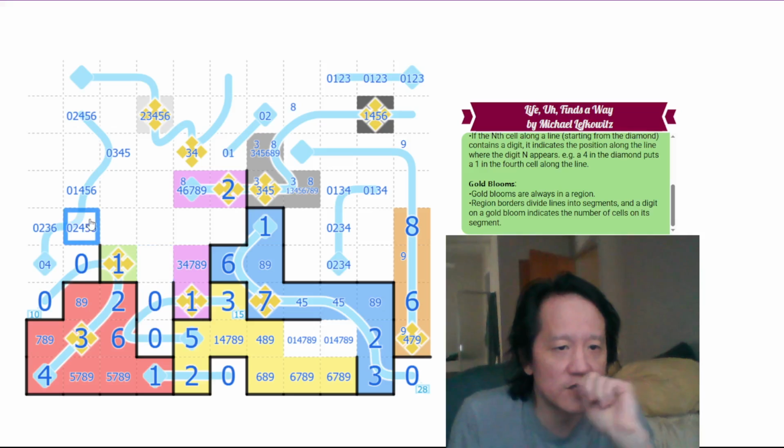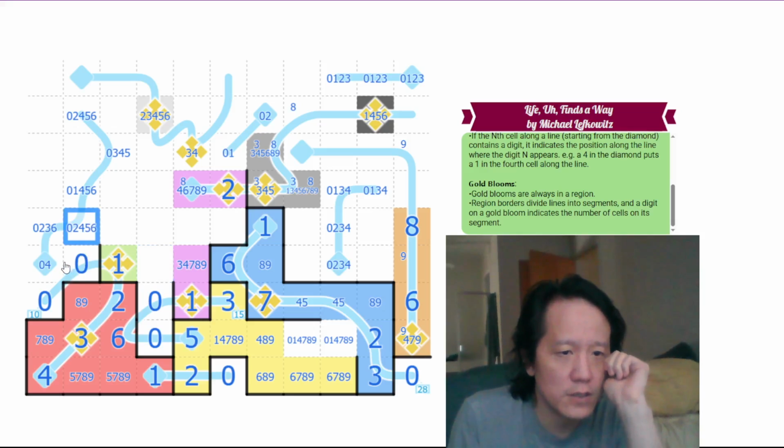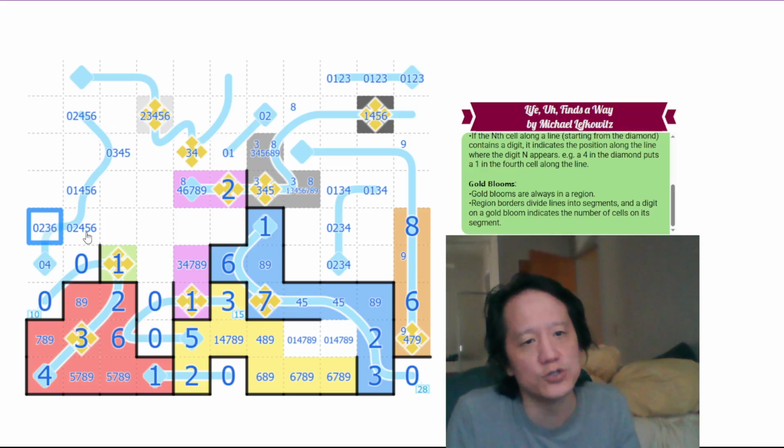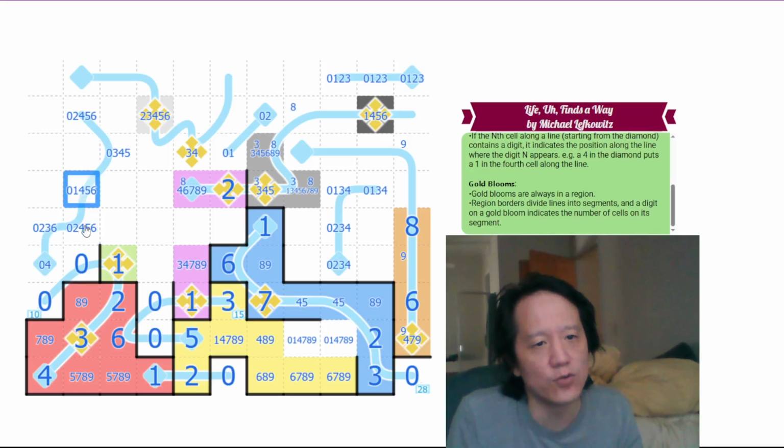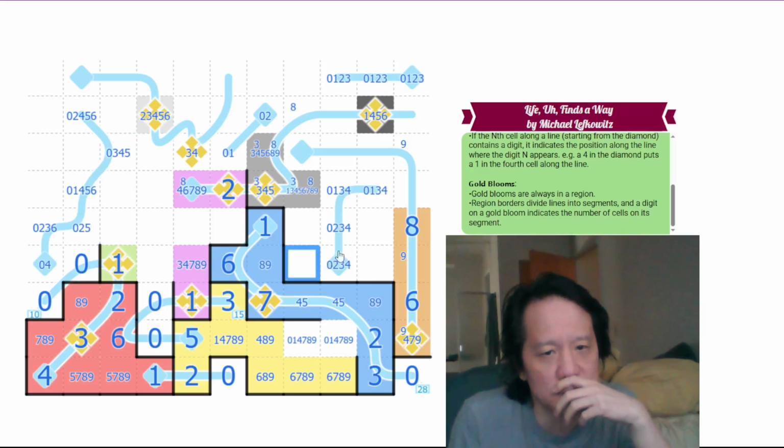Interesting. 3 cannot be 0, or could be 0, cannot be 1, could be 2, cannot be 3 or 4, could be 5, cannot be 6. Interesting.